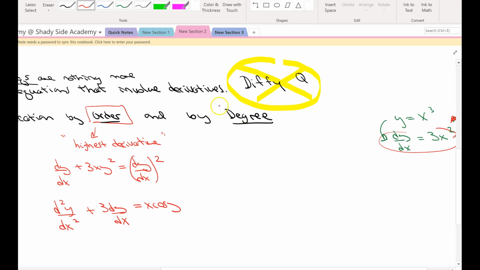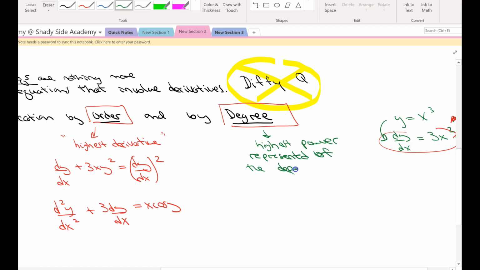Let's go to degree now. When you classify a DiffyQ by degree, what you want to think about here is the highest power represented of the dependent variable or the dependent variable's derivative.